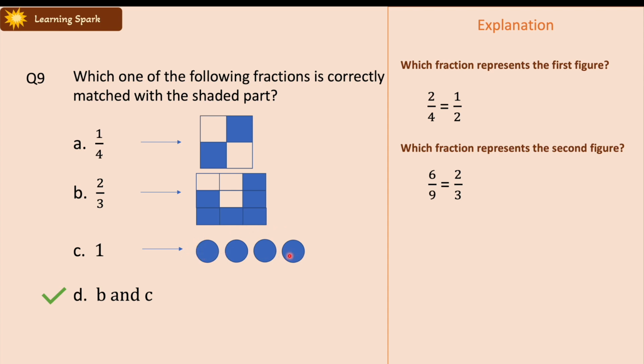There is no fraction at all, and that is why this is representing 1. Okay, so 4 out of 4 is shaded, and that's why it is 1. Okay, and this is a correct answer also. So B and C both are correct answers, and that is why the correct option here would be D, which is B and C.